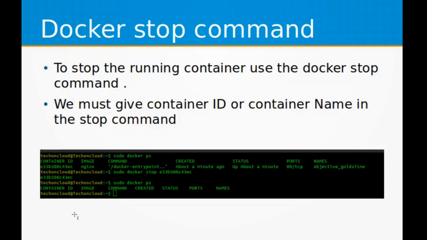Then I executed sudo docker stop and the container ID, and in return it gives me the container ID back. That means the command was successfully executed. And then after that, when I check through sudo docker ps, the running container was gone. Okay, so this is the work of the docker stop command.